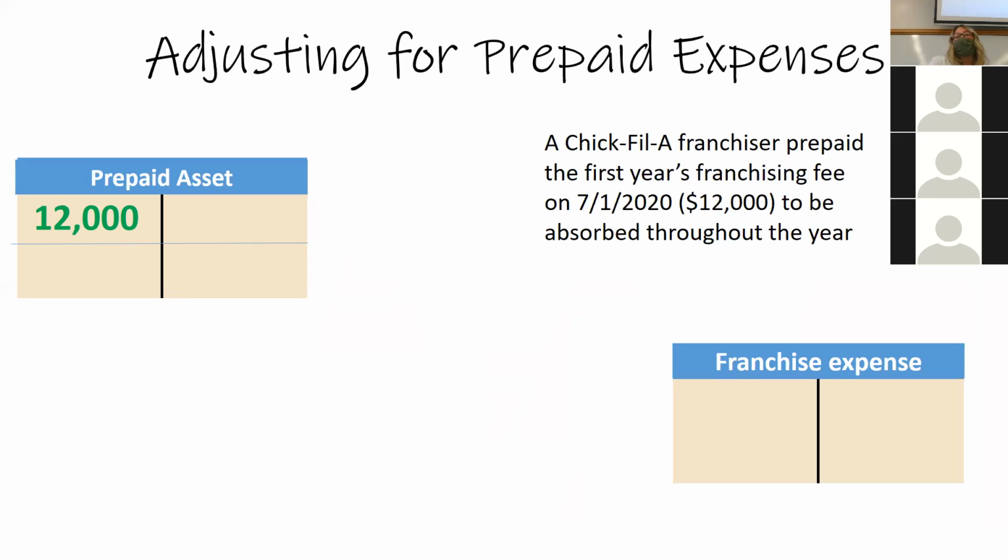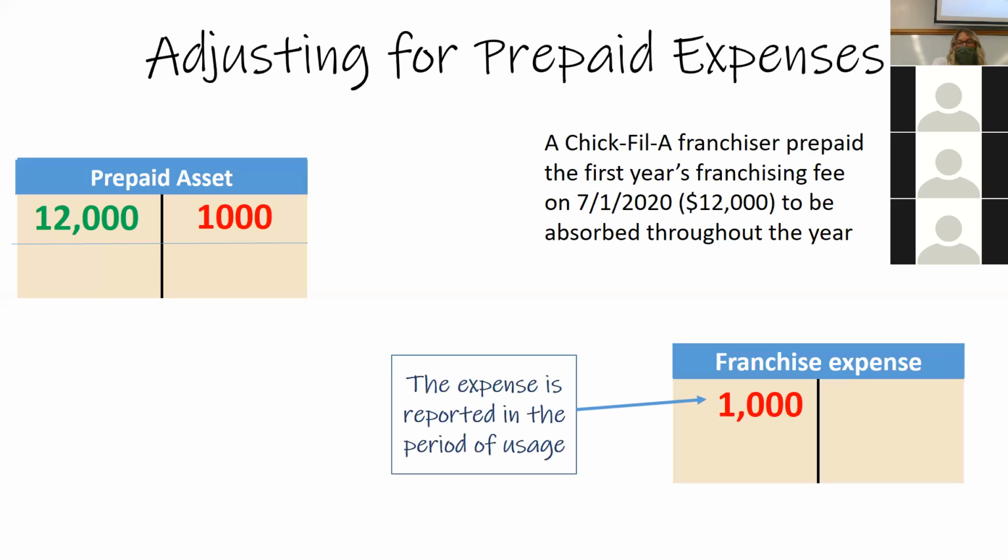As the year goes on, we would adjust away the prepaid asset that we're getting the benefit for. We would credit the amount of the prepaid asset that's now wasted away, and we would debit the franchise expense for the period that we used it.